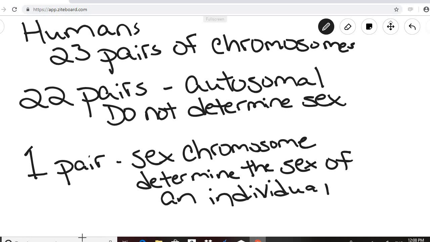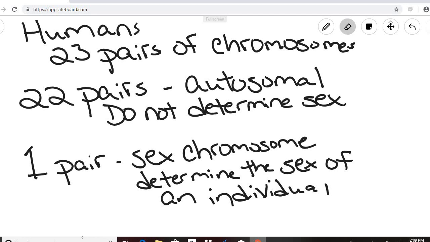So 22 pairs of these 23 are autosomal, and one pair is the sex chromosome that does determine the sex.